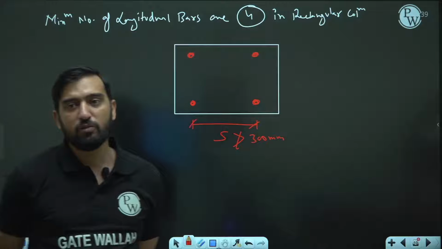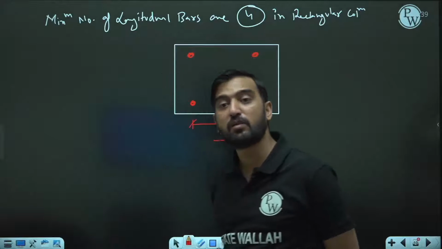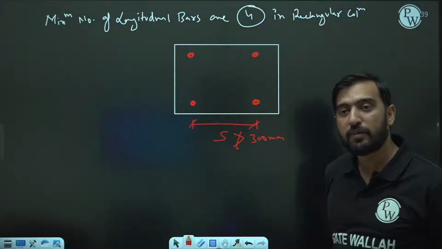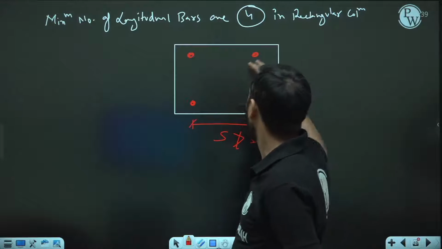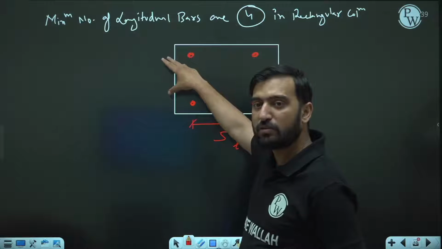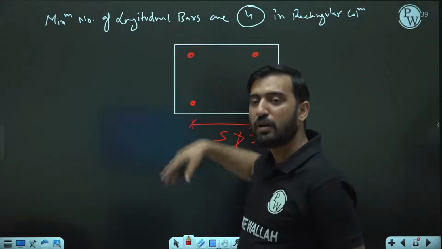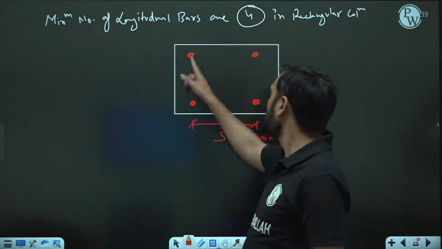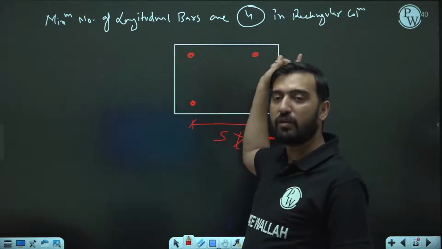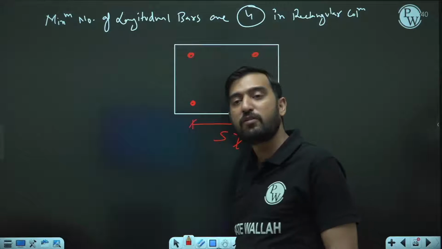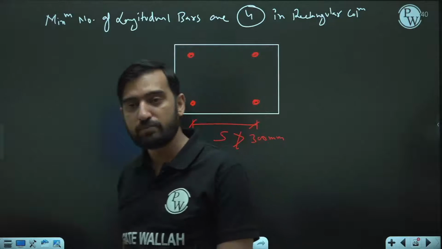In that case you need to provide at least 6 bars, because along the smaller side the spacing criterion is okay, the value being less than 300 after cover, but along the longer side, even if the cover is 50 and 50, the spacing is going to be 400.